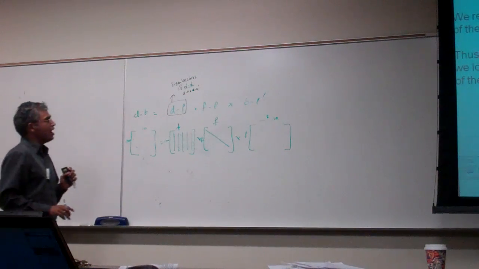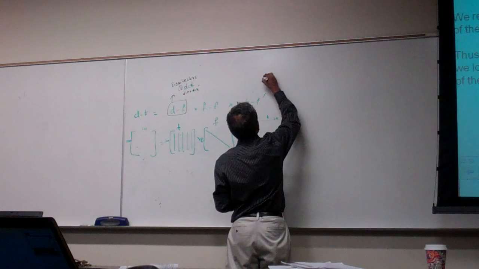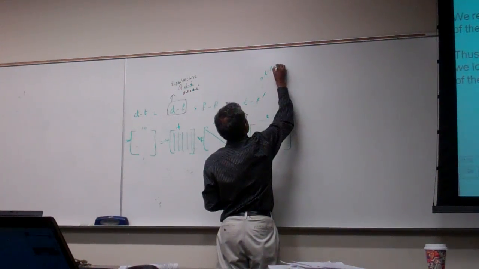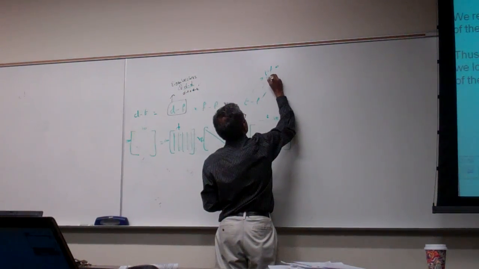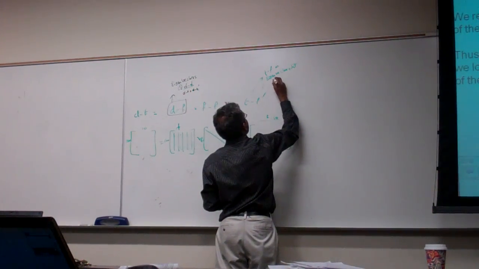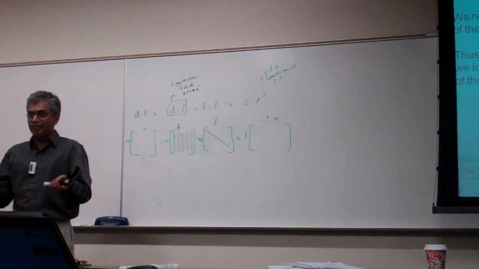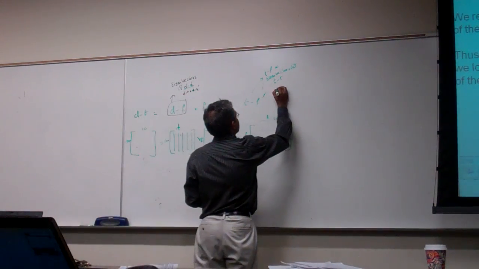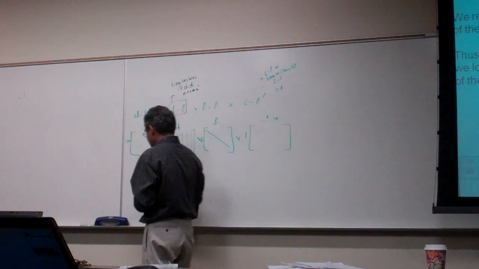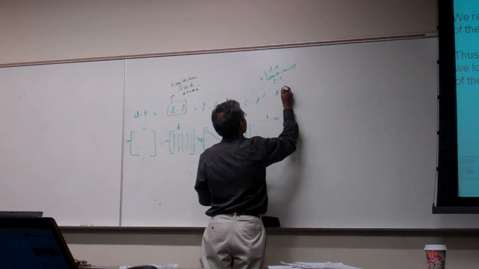Okay? Now what about DF dash? It turns out TF is eigenvectors of TT. Now TT is nothing but DT prime times DT.